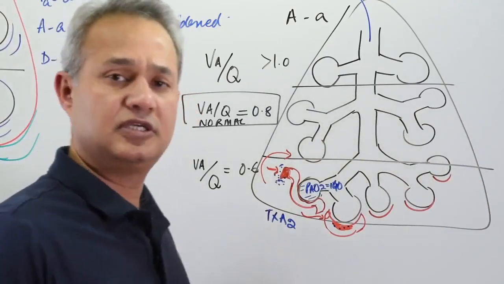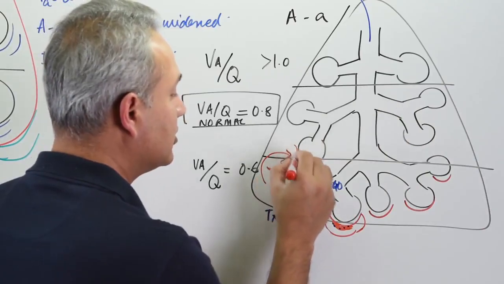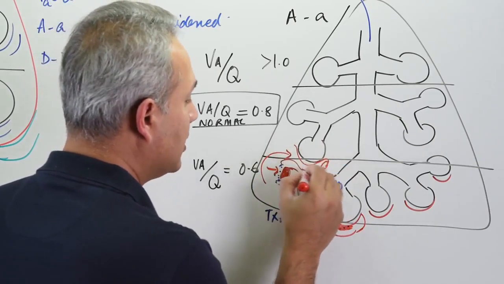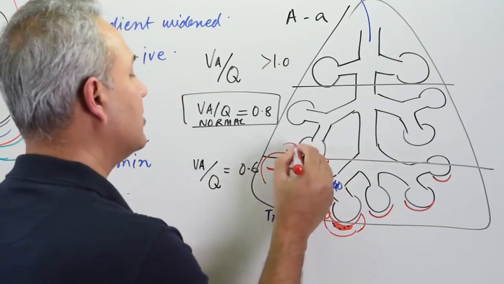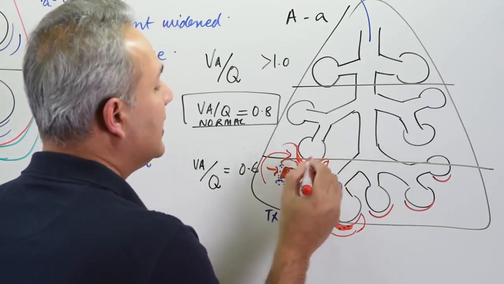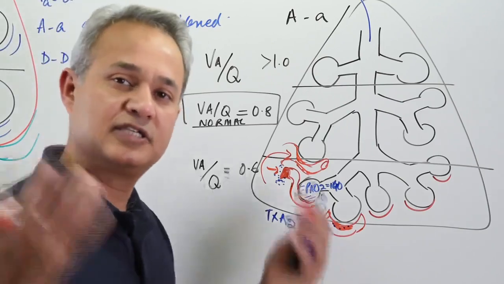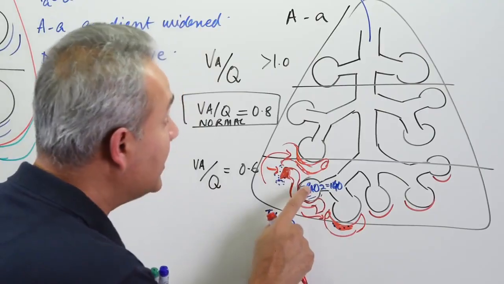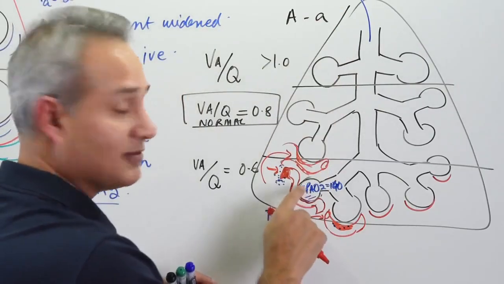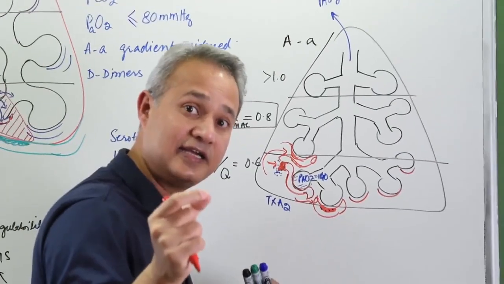Now, it is entirely possible that the blood ended up going into another blood vessel and this quantity of blood was not big enough, and in those other areas it went and perfused them and got its oxygen and it's happy and you don't see a lot of change. Although you would still see PaO2 increasing because of this. So in 100% of the cases you would have the AA gradient widened.